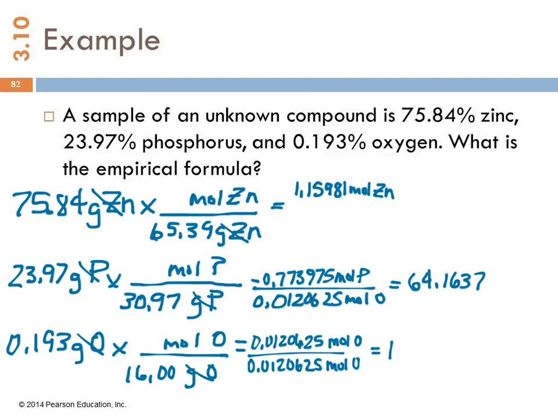I'm having this vague feeling that there was a problem with this problem last year. Because this is not looking good. There are molecules with subscripts like 64, but we don't usually run into them in problems like this.